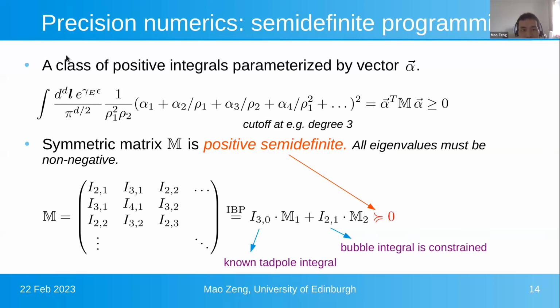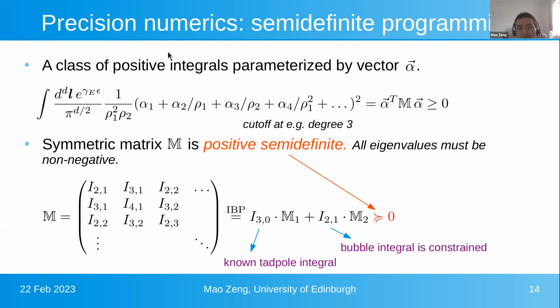All these expressions are positive. Now I will write down an arbitrary polynomial in 1 over rho 1 and 1 over rho 2. And I will cut off this polynomial at some finite degree, because I cannot handle infinitely many terms when I have finite computation power. But I can have 1 over rho 1 to some power, 1 over rho 2 to some power.